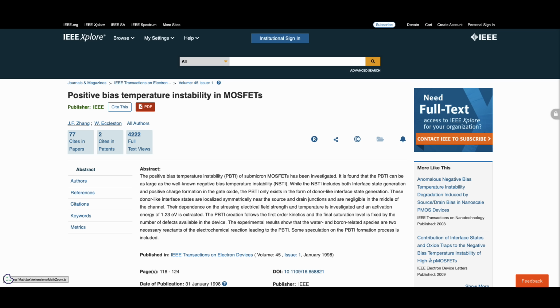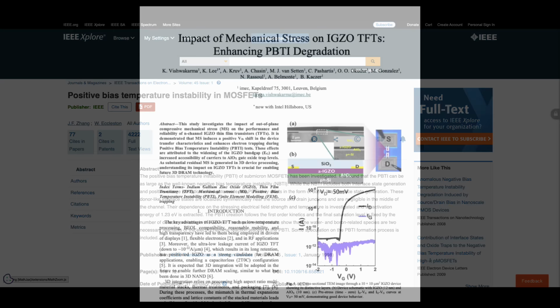This shifts the transistor's threshold voltage, thus altering our ability to properly read its bit. In the context of 3D DRAMs, being stuffed into a big stack means mechanical stress and higher temperatures. Research has found that both only worsen the threshold voltage shift via PBTI.